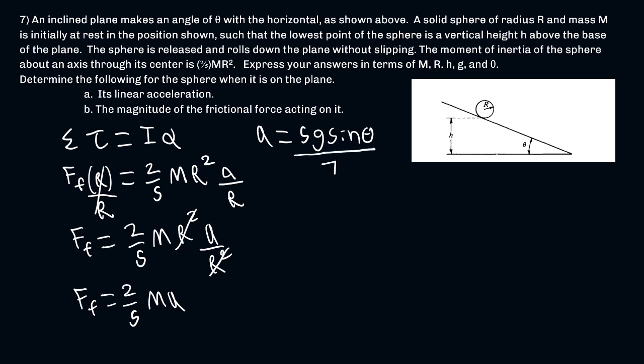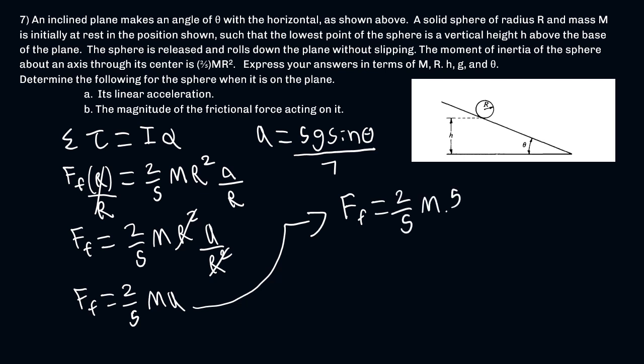So now what we could do is plug in this acceleration into what we figured out the force of friction is, and we have an expression for the frictional force, or our magnitude for the frictional force. So let's plug this in over here. We have that F_f is equal to 2/5 times m.